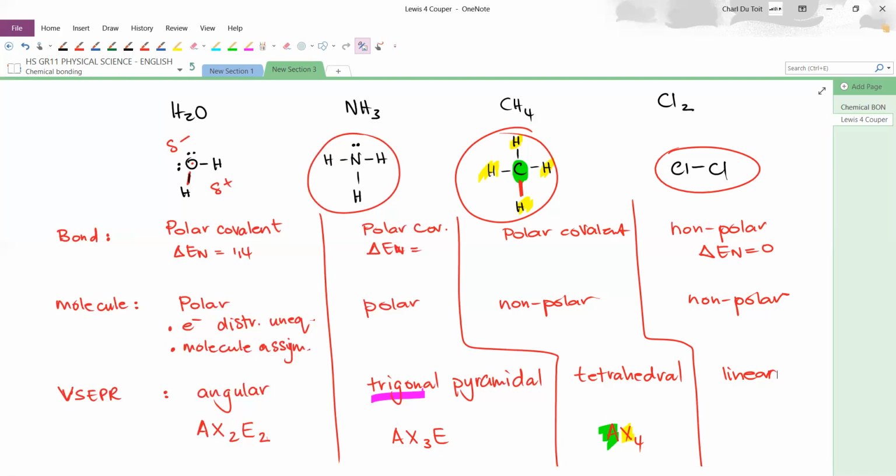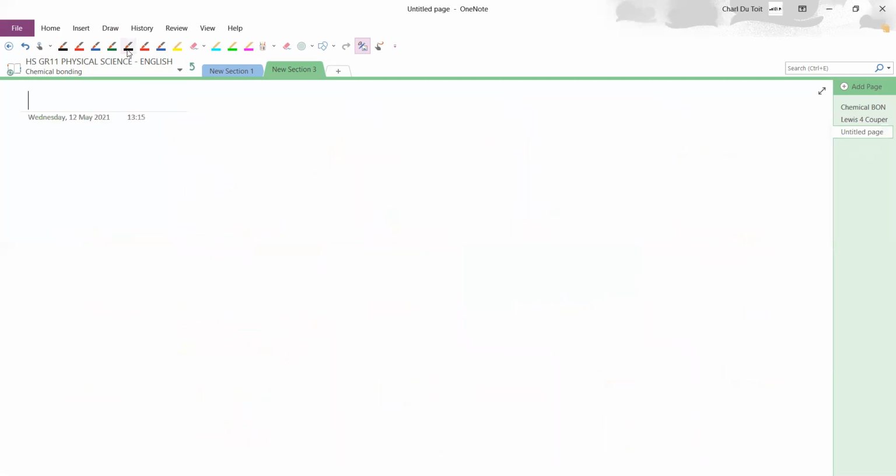So now I'm going to look at not the forces between the atoms, but forces between two different molecules. This can sometimes be tricky, because all they're going to do is say, okay, I'm giving you, let's go back to methane, CH4.